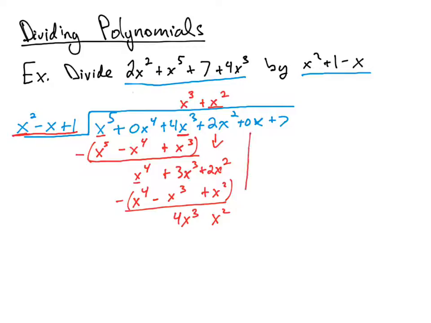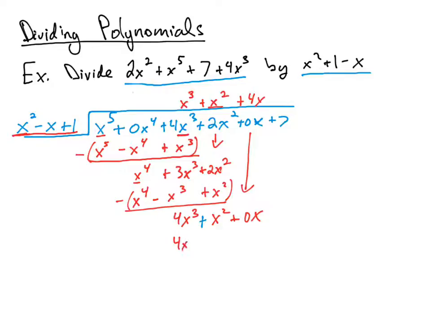All right, two more terms to bring down, plus 0x. This x squared should have a plus in front of it. So how many times does x squared go into 4x cubed? This goes in 4x times, so we're going to multiply the divisor by 4x.